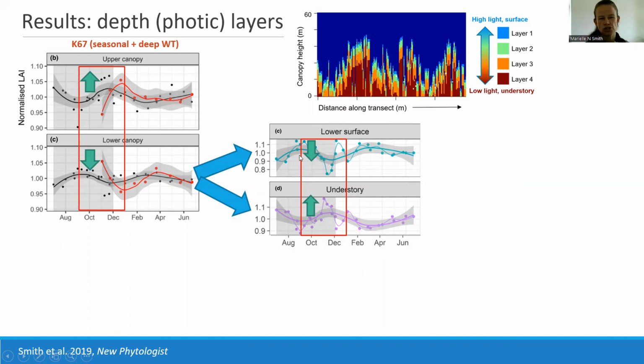The first one is just the leaf area at the very surface, so we're looking at small trees in gaps, whereas the one underneath is all of the understory. When we did this, we found that the loss of leaf area from the lower canopy during the dry season was really driven by a loss of leaf area at the lower canopy surface, small trees in gaps. Meanwhile, at the same time, there was an increase in the understory.